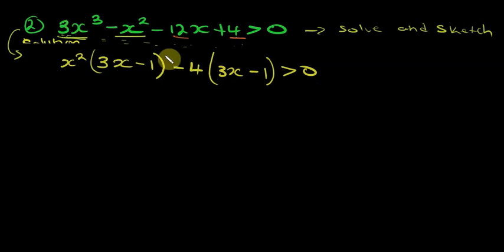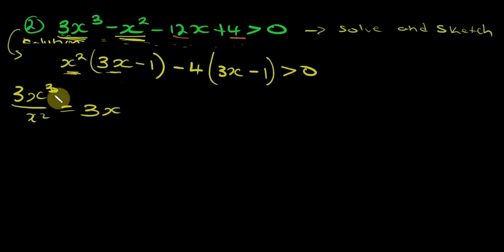Now you're asking a question: how did you get all these answers? How did you get 3x minus 1, and how did you get those to be the same? I'll explain that just now. You see, we found out that the factor is x squared. So to get the terms inside the bracket, we just divide the terms that you have there by your common factor, which is x squared. 3x cubed divided by x squared gives us 3.